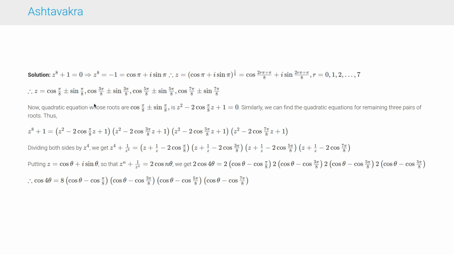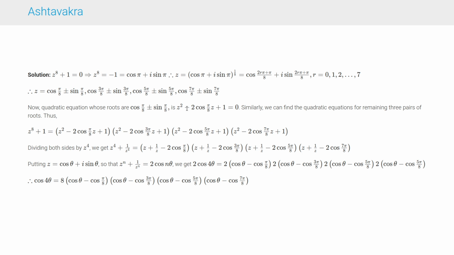Now the quadratic equation whose roots are cos pi by 8 plus minus i sin pi by 8 is z square minus 2 cos pi by 8 z plus 1. What you have to do is you take alpha is equal to cos pi by 8 plus i sin pi by 8 and beta is equal to cos pi by 8 minus i sin pi by 8. So the equation would be z square minus (alpha plus beta) z plus alpha beta.